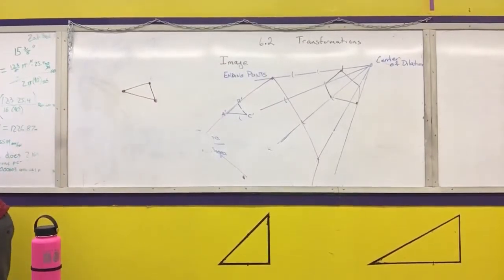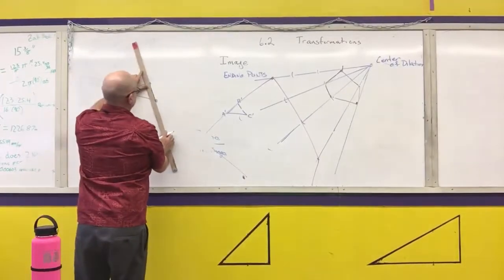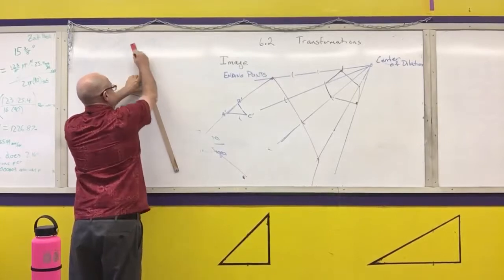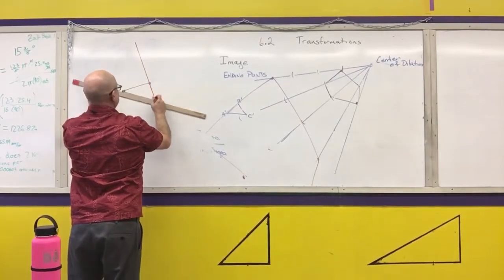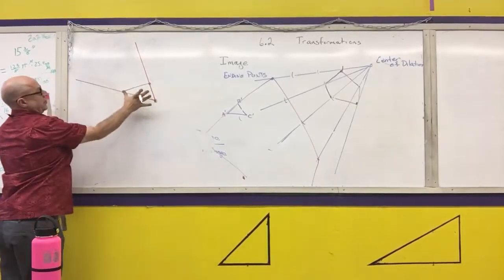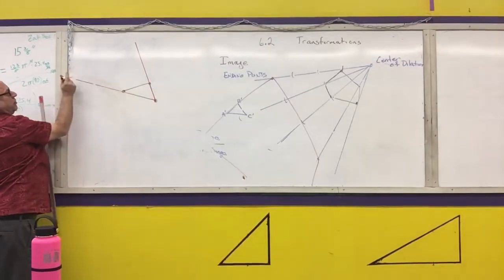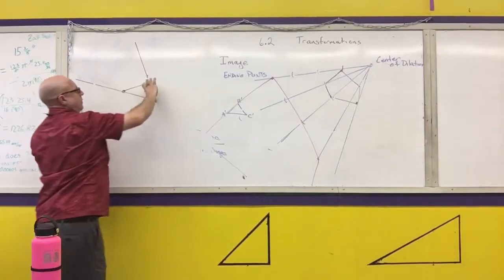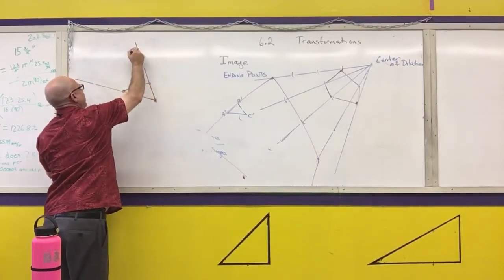So again, you do the steps the exact same way, and you connect your center through the other points, and then you take your compass. That's 1. That's 2. 3 would be here. 1, 2, 3 would be here.